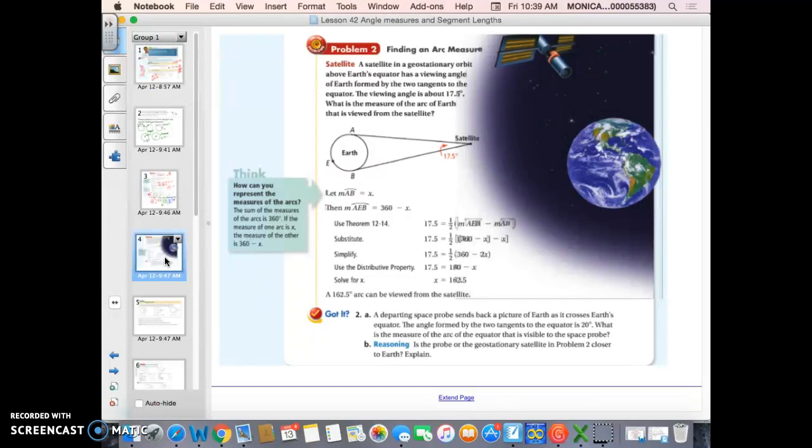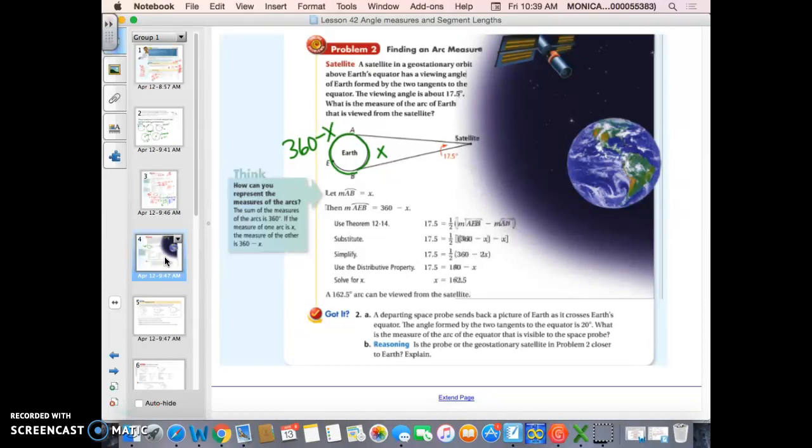Now, if we're given the angle measure, here would be our arc, and we'll just call this x. And then this AEB, this big arc here, we would call 360 minus x, right? And so when you're setting up your equation, it's going to be the same thing, but it's going to equal 1/2 this big arc minus the little arc, okay?